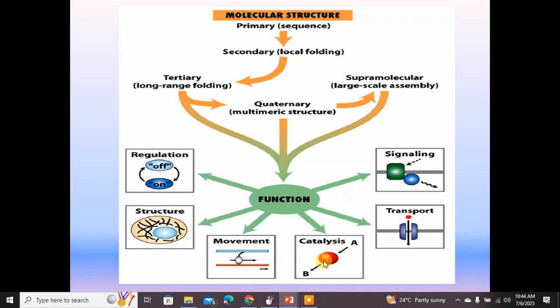And catalysis: to speed up a reaction or to slow down a reaction, to inhibit some process, this all comes in catalysis. Okay, to add something to some substrate or to remove something from some substrate, this all comes in catalysis. Finally, in transport, there are many proteins. They perform function as a transporter, I would say.